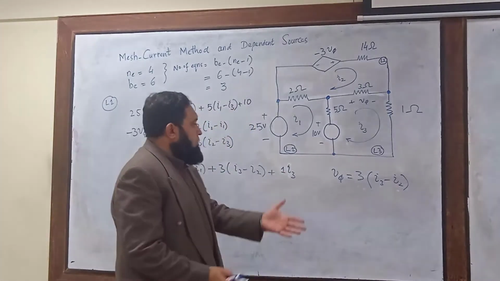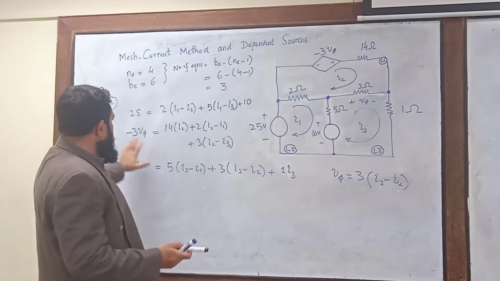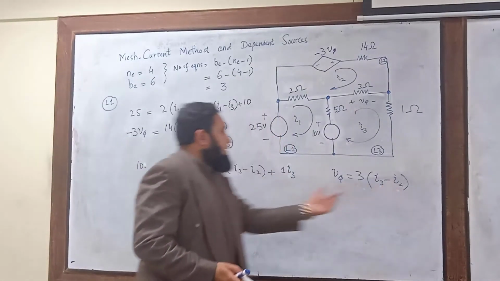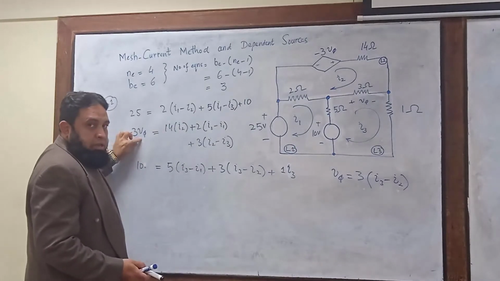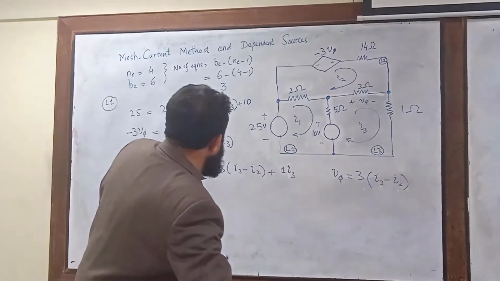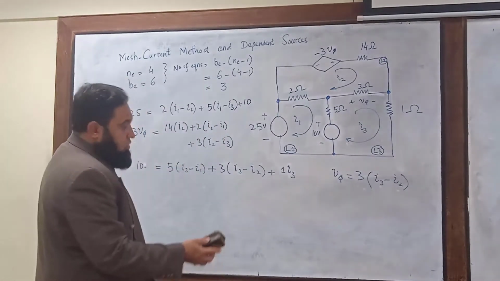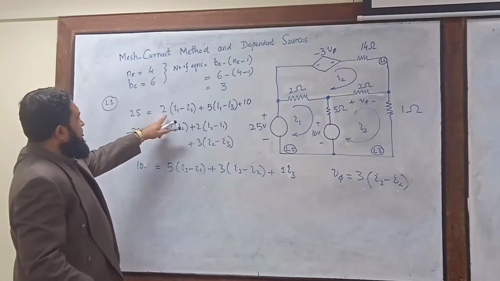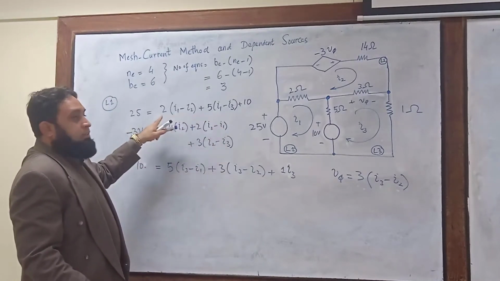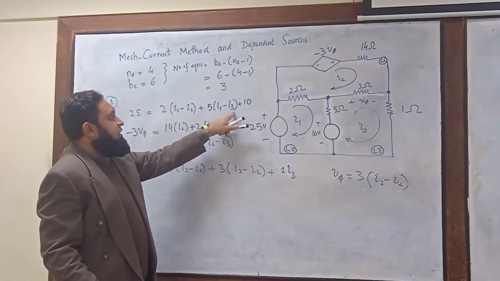So now the story is very simple. This unknown can be computed from this, so substituting this here. Now we write all these expressions in a simplified form. So look at this one: 2I1 and 5I1 is 7I1 minus 2I2 minus 5I3.